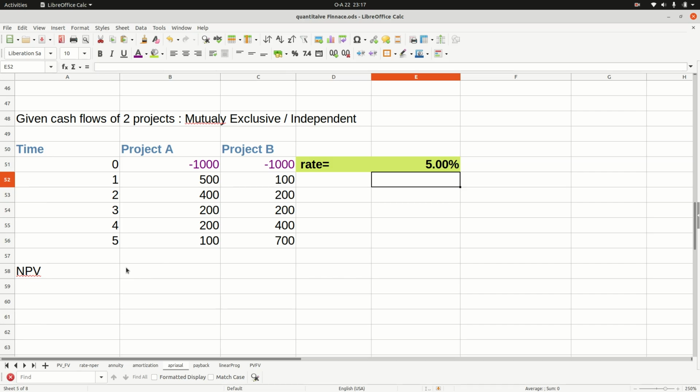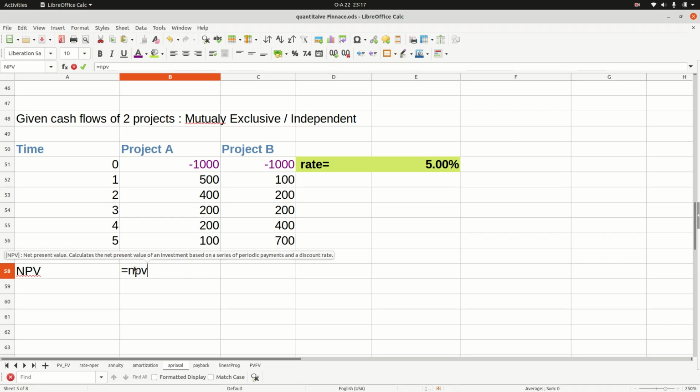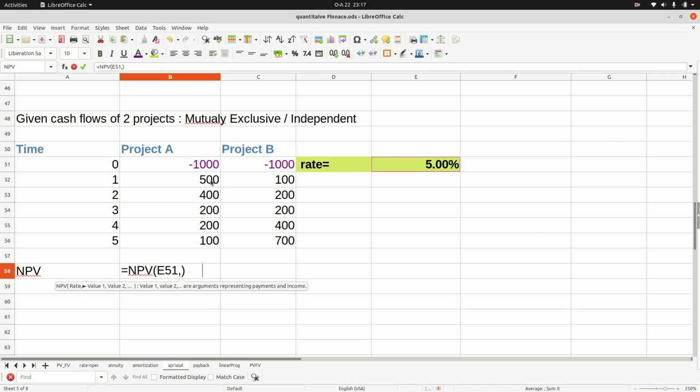You want to calculate the net present value for each of them. So the rate of 5%, and then we start from 1 to 5. And then that's not all. You have to subtract or add the first term, which is the negative 1,000, to see the actual net present value.